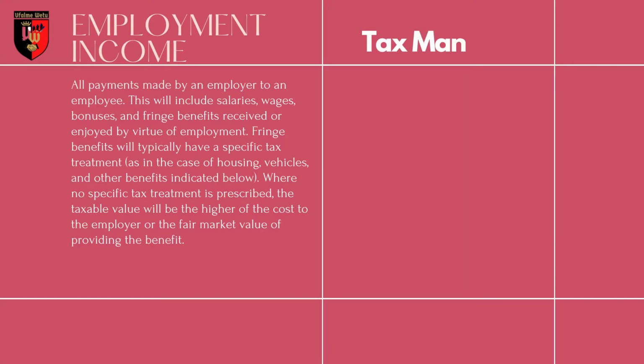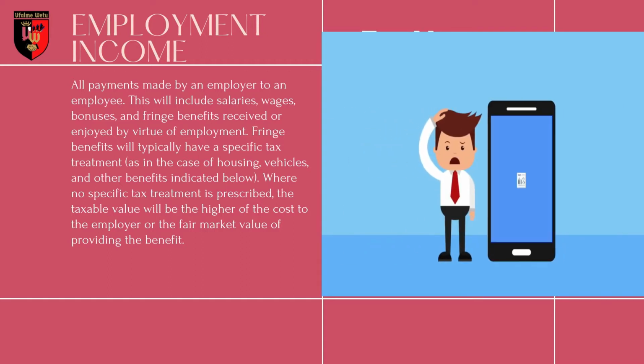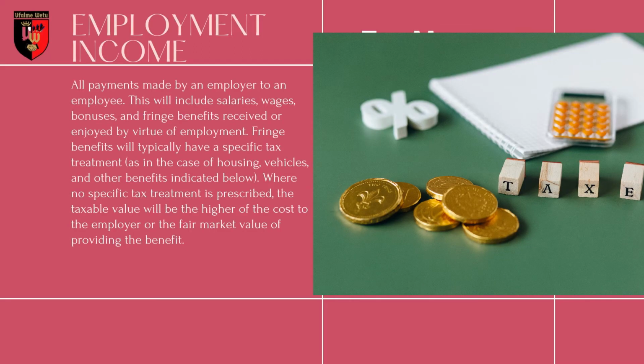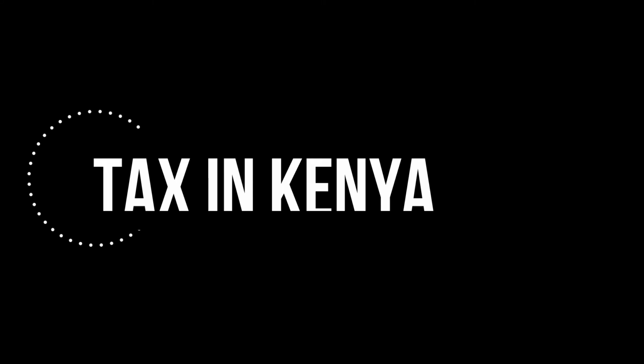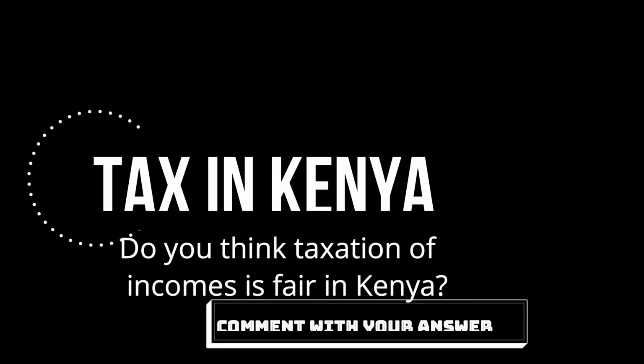These will include salaries, also wages, bonuses, and, as we shall define, fringe benefits received or enjoyed by virtue of employment. So fringe benefits will typically have a specific tax treatment, as in the case of housing, vehicles, and other benefits that we shall mention. Where there is no specific tax treatment prescribed, the taxable value will be the higher of the cost to the employer, or the fair market value of providing the benefit.